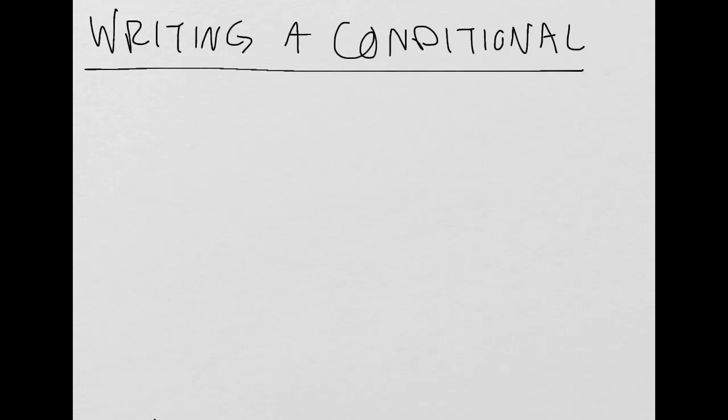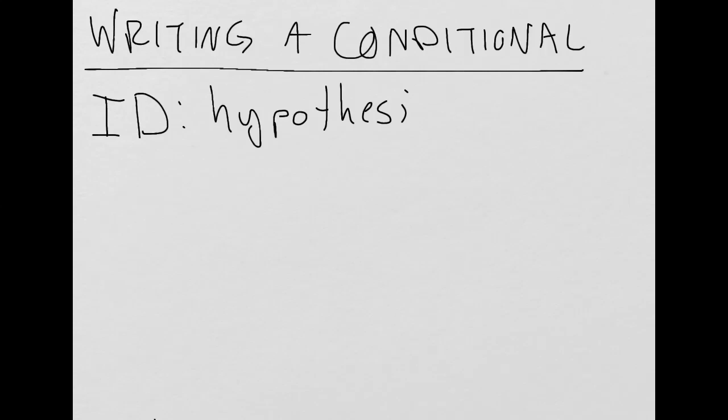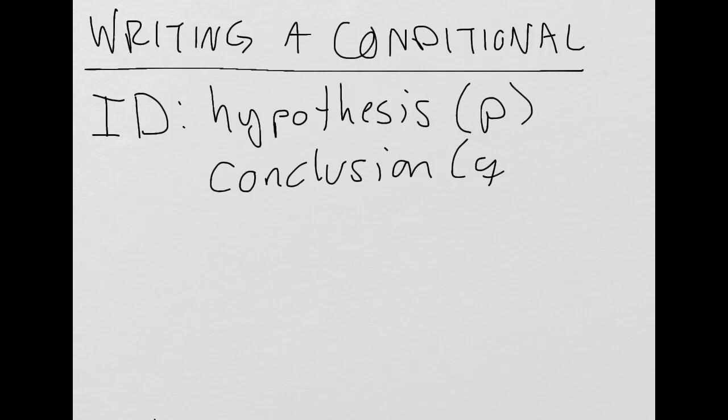All right, so now we're going to take a look at what it takes to write a conditional statement. So first, when we're writing a conditional statement, if we're given a statement and then asked to turn it into a conditional, we're going to identify the hypothesis, which, if we remember, is the P part of the statement, and then we'll identify the conclusion, which is the Q part of the statement.